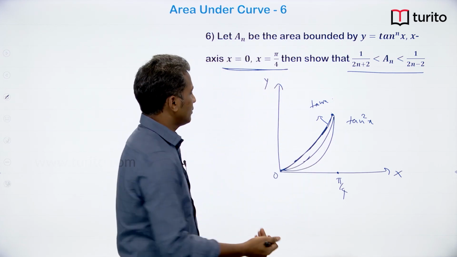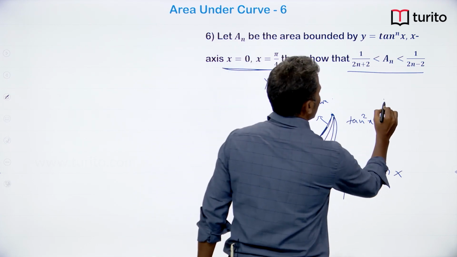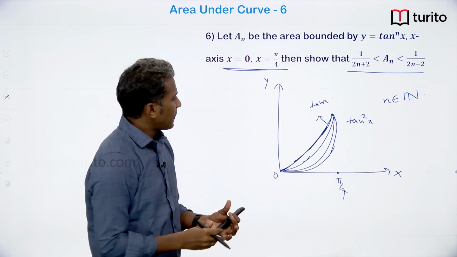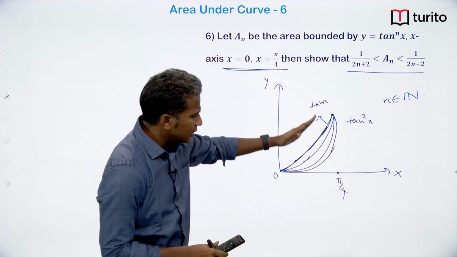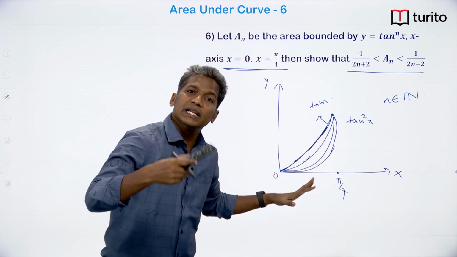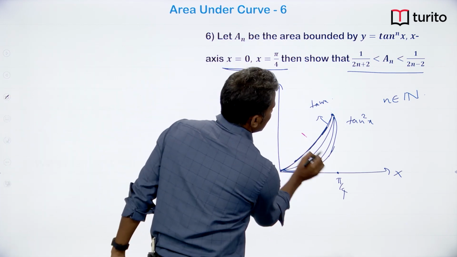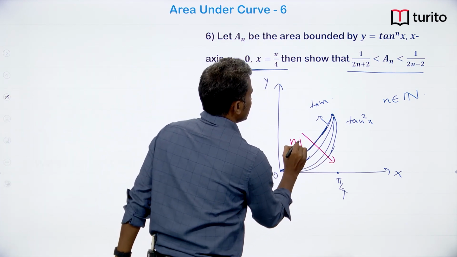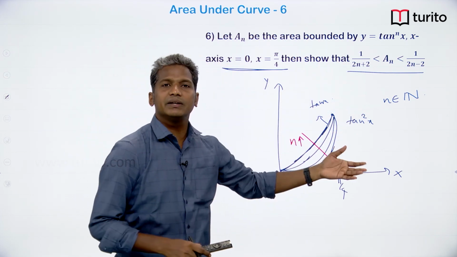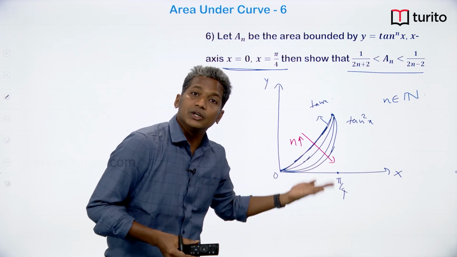It will be even further down. So tan raised to n x, if we take n to be a natural number, the graph of that will keep on going towards the x axis as we increase n. So here we can just say that in this direction, n basically increases. So if I am taking a higher value of n, the area is going to be reduced.